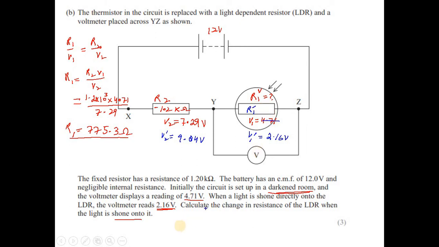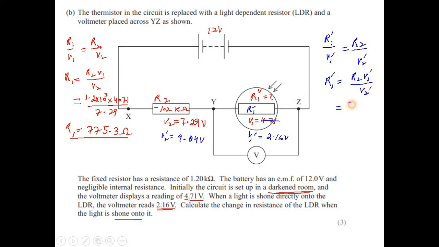So when the light is shown, what is the condition? R1 dash divided by V1 dash is equal to R2, which is a fixed resistor, divided by V2 dash. So R1 dash is equal to R2 V1 dash divided by V2 dash.